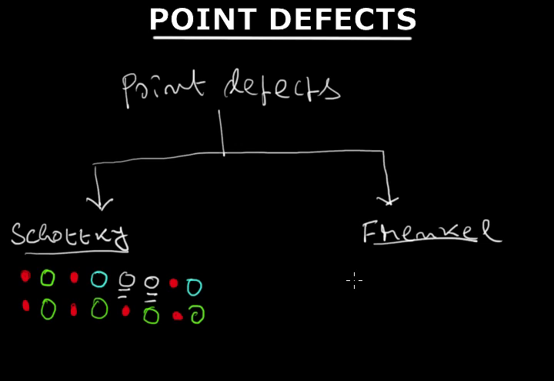Mind it, only one ion, that is generally a cation, disappear from their original position and present in the interstitial position. The defect arise is called Frenkel defect.